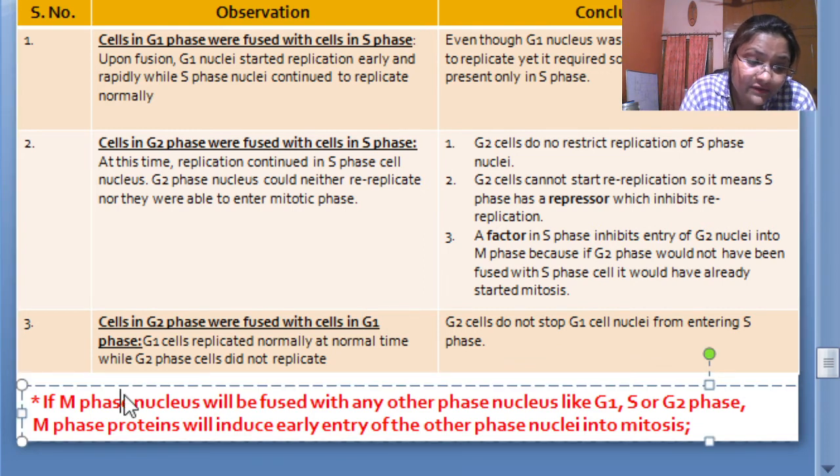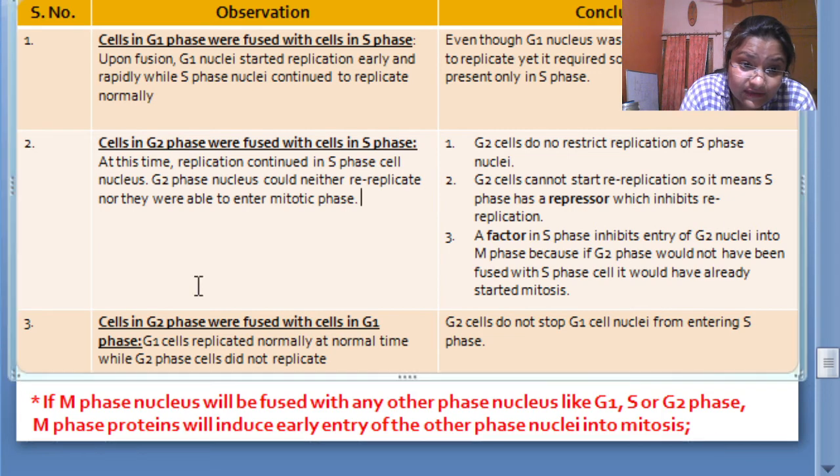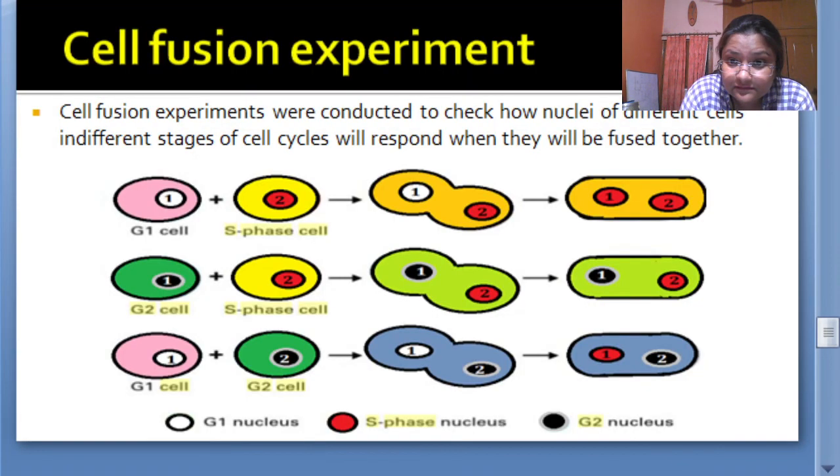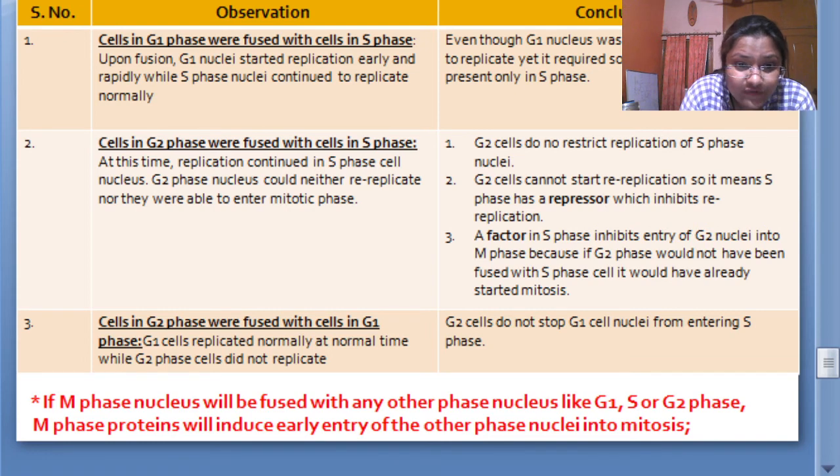Now one more observation we need to discuss, that if M phase nucleus is fused with nucleus of any other phase, G1, G2, S or anyone, then M phase proteins will induce early entry of other phase nuclei into mitosis.